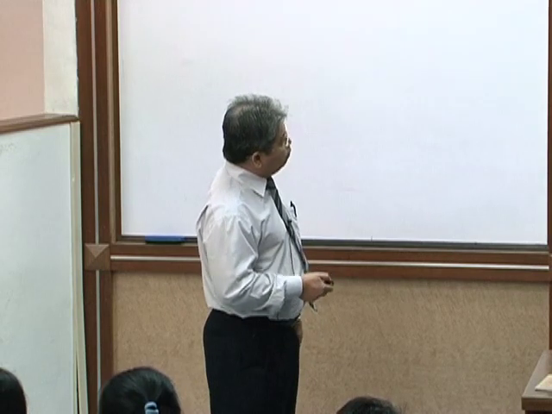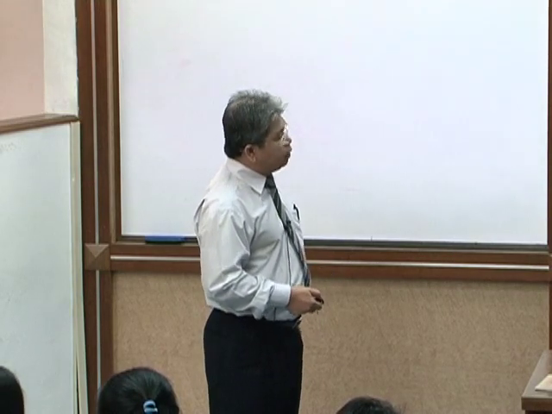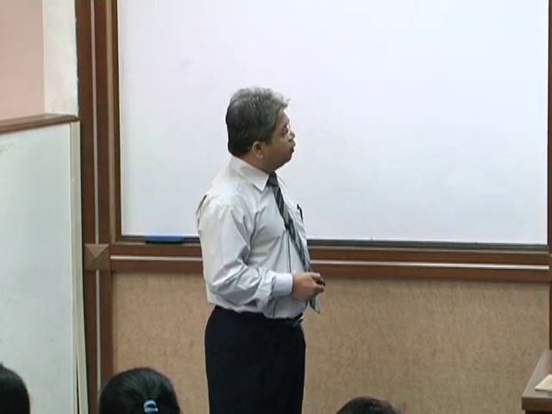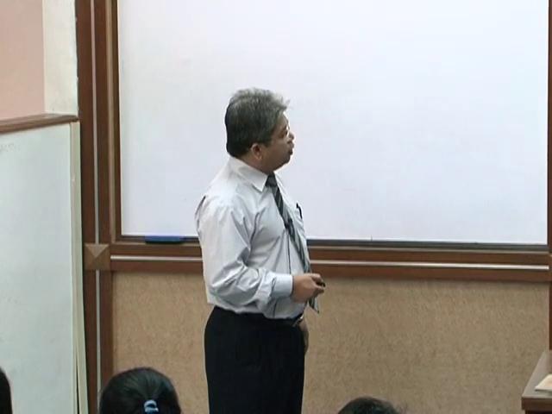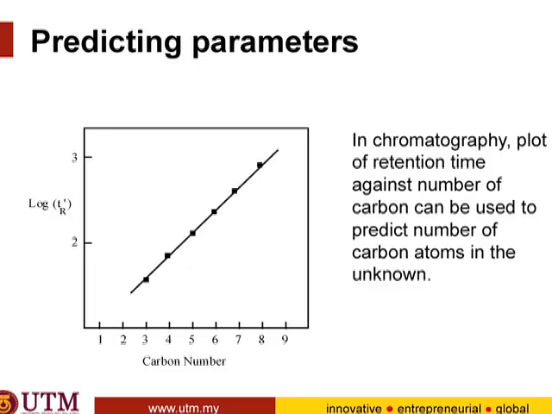We can plot the number of carbons in a series of compounds. Let's say we have standards involving alkanes, yeah? C3, C4, C5, C6, 7, 8, 9, and so on.